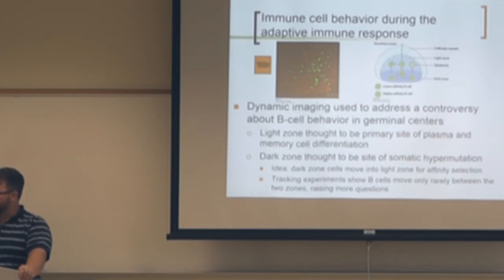But when we actually followed the cells, looking at these higher affinity cells, we can see the higher affinity cells are moving to these areas, but then they're moving back into the dark zone areas.